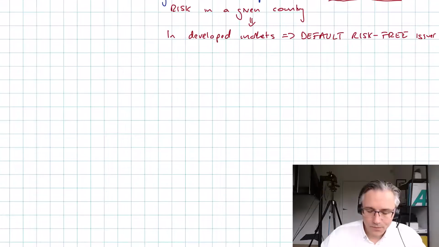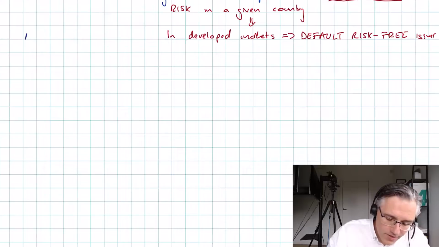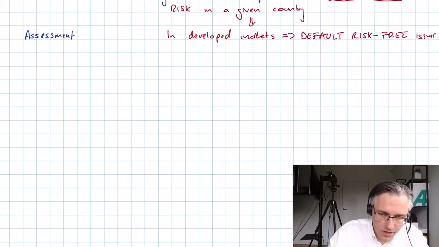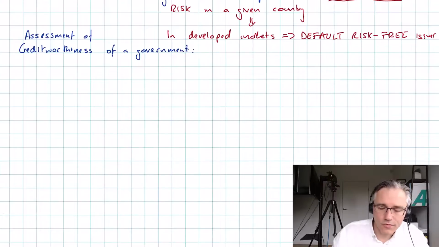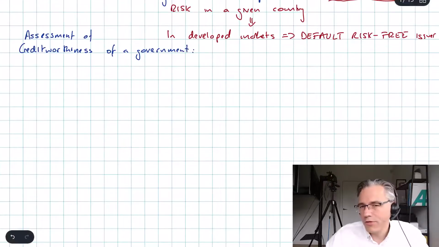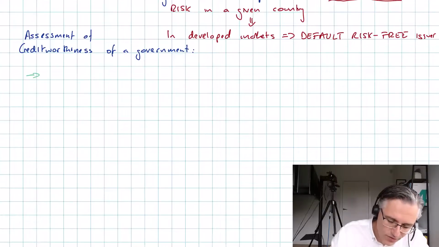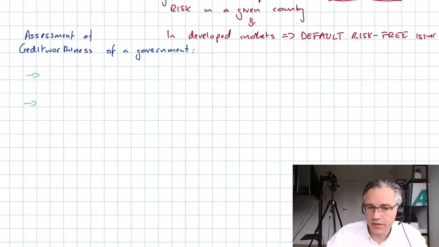Okay, well, when we try to assess the creditworthiness of a government, how good it is as an issuer, there are two sets of factors that we typically take into account.